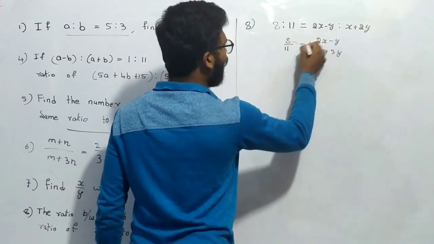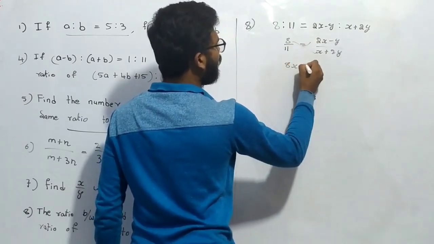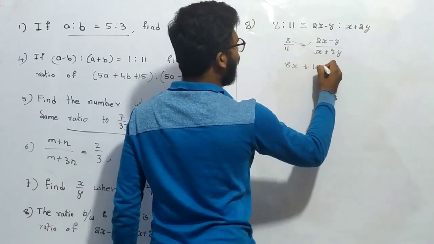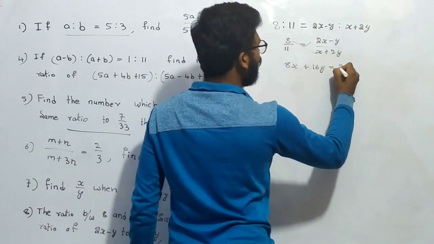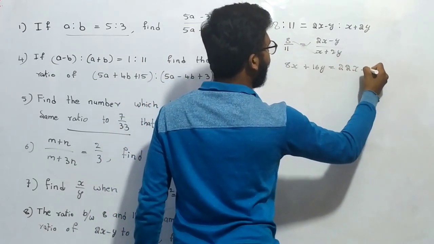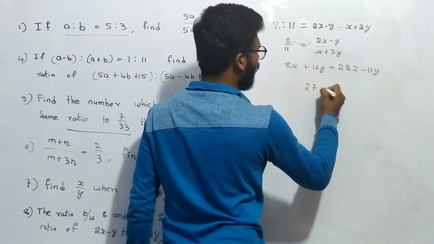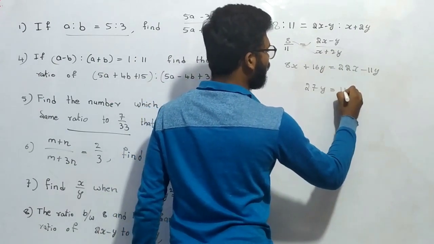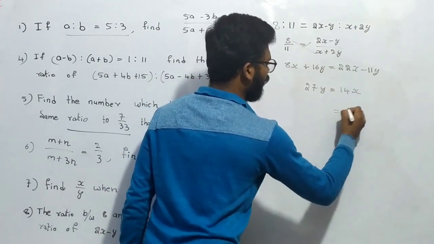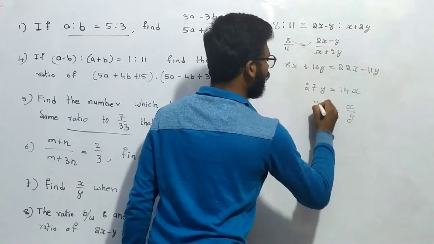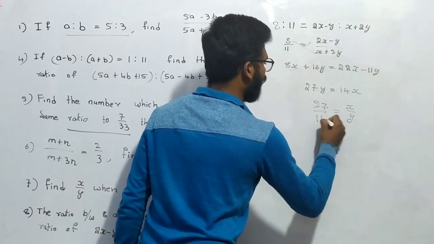If you cross multiply, what will you get? 8x plus 16y is equal to 22x minus 11y. So y will come this side, 27y, 22x minus 8x, it is 14x. So x by y is equal to 27 by 14.